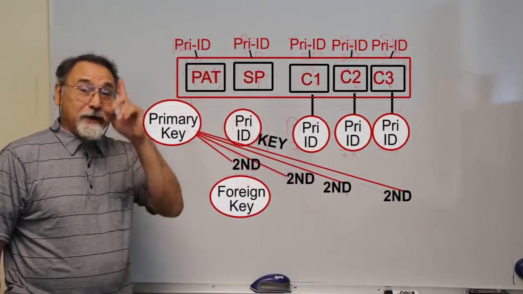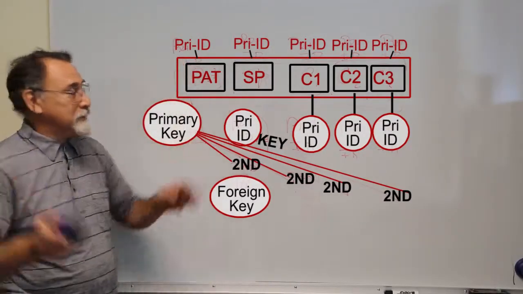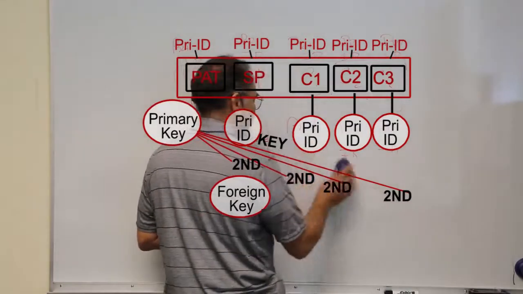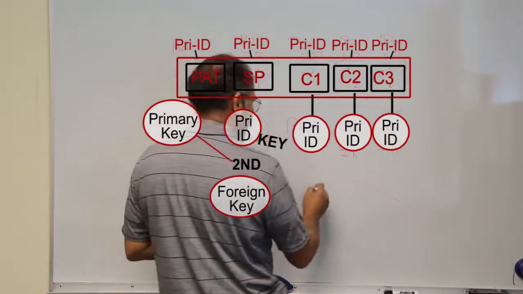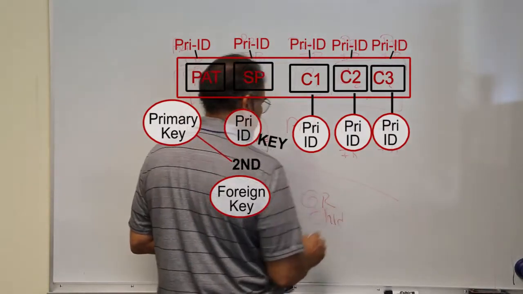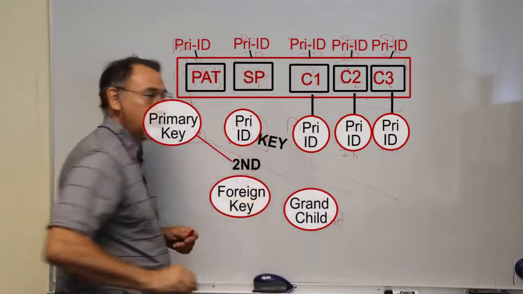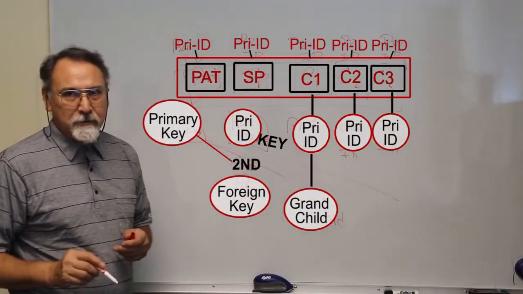All right? Now it gets even more interesting. Let's say, for whatever reason, one of these now has a grandchild. Now the grandchild would be subordinate to the parent of that child.